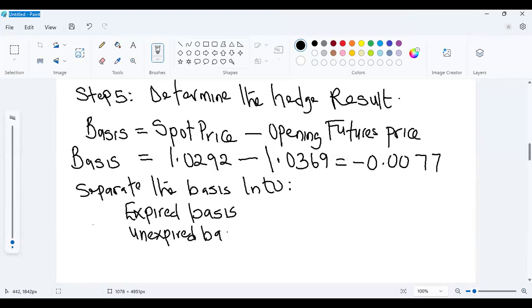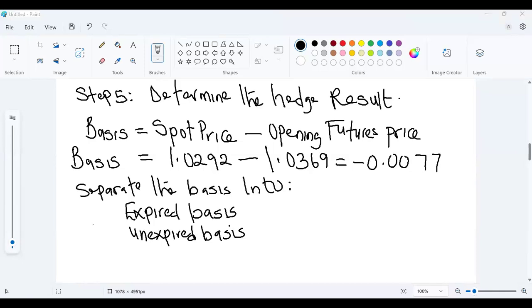How do we separate this? Remember, today is 30 November 2014, and we have selected a contract of June.